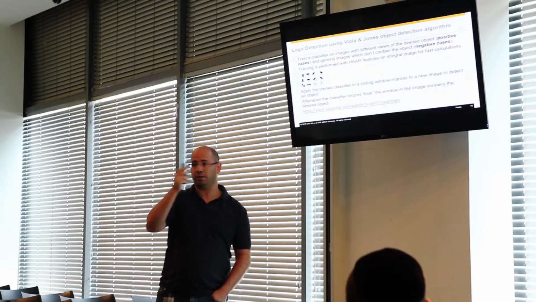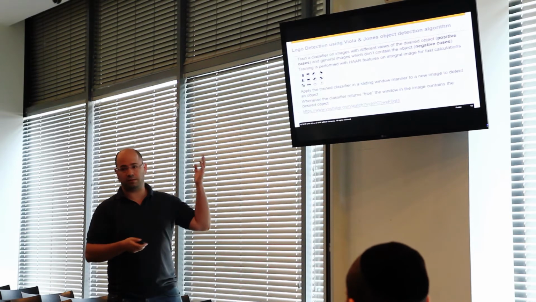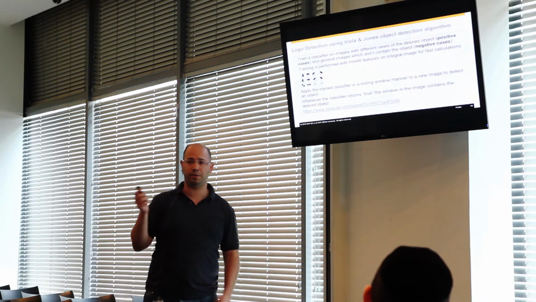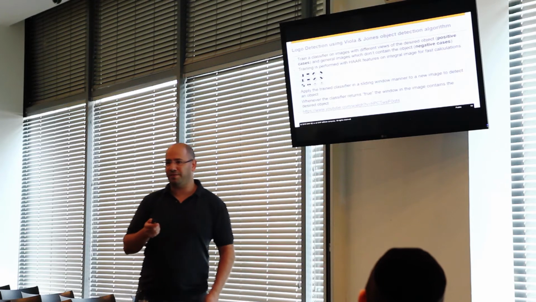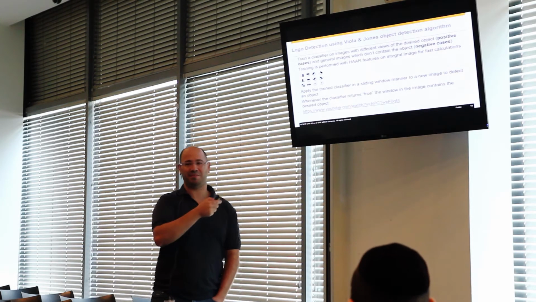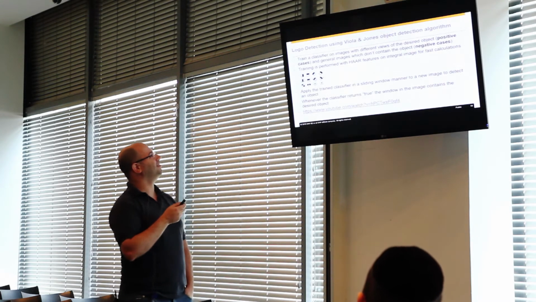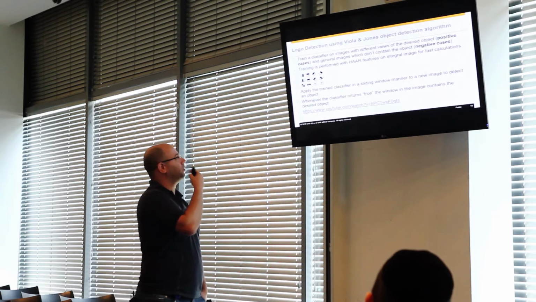Actually, the original algorithm talks about faces, but you can apply it to any object, and you have to train the classifier. But instead of detecting faces, you detect the SAP logo. There's a famous example in the computer vision community of someone detecting bananas. So that's very easy to train, very easy to create.